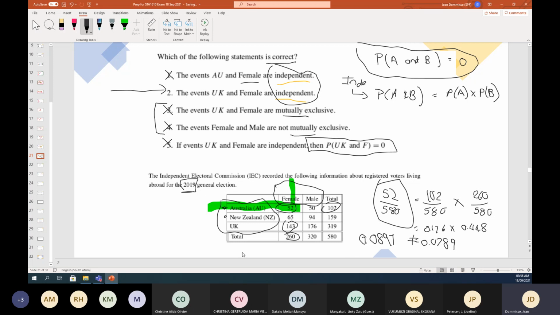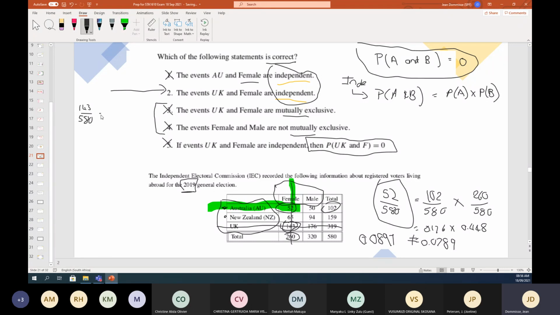The event UK. So now we're looking at UK and female. So we're looking at the 143. So the AND is 143 divided by 580.